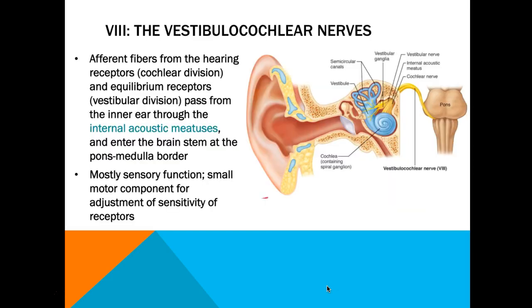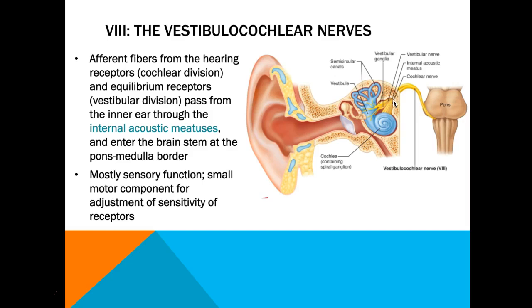Next we have cranial nerve number 8, which is your vestibulocochlear nerve. Here we are going to have your vestibulocochlear nerve leave inferior from the pons and head through that internal acoustic meatus once again. But we have two separate divisions of this nerve.